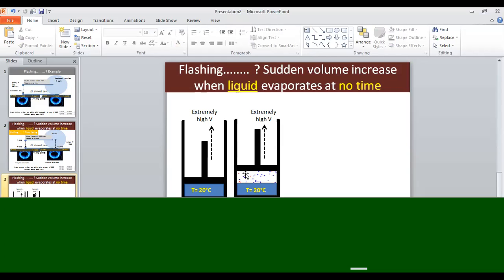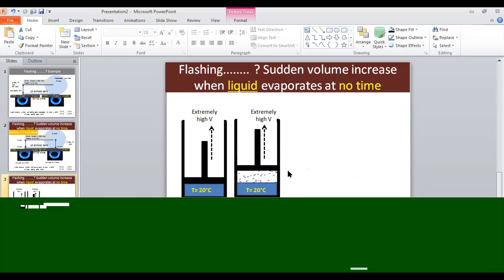You cannot have just vacuum here and water here. No, there is no such thing. If there is a vacuum, for sure these water molecules escape. So that is how it takes place.